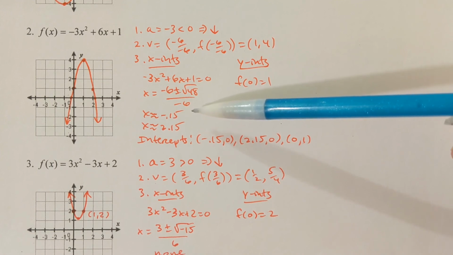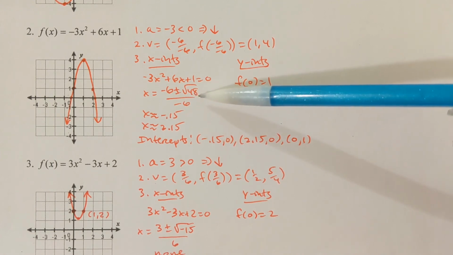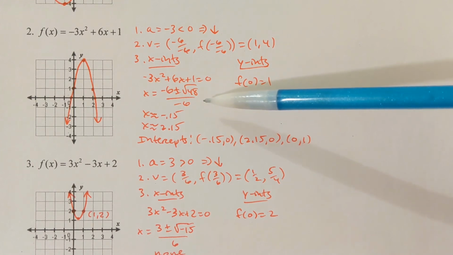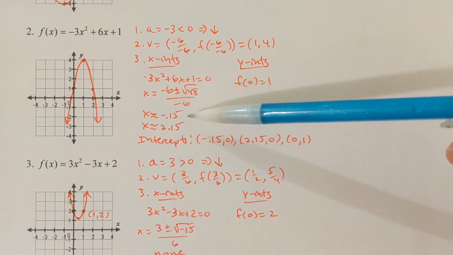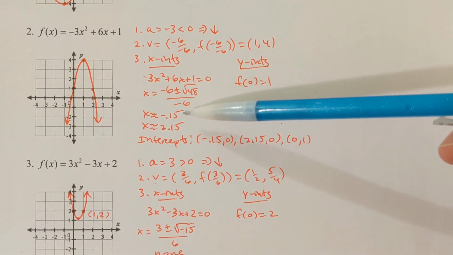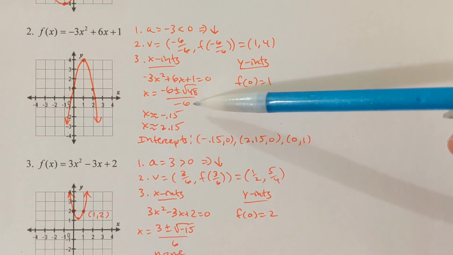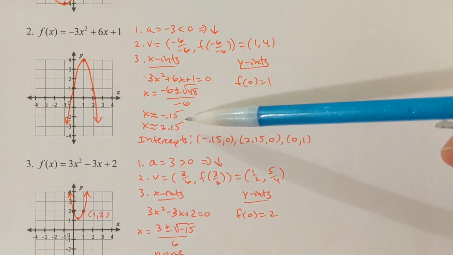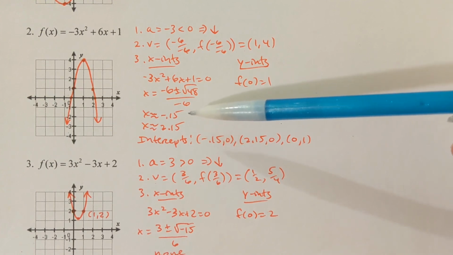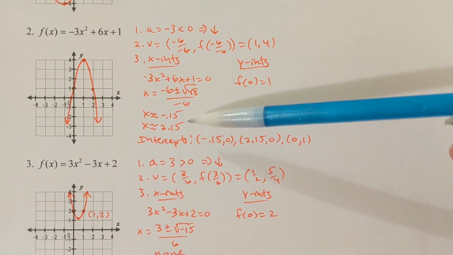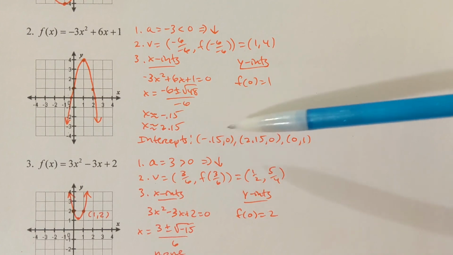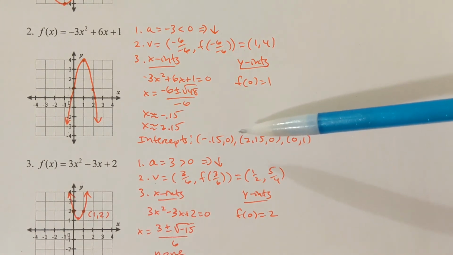Root 48 breaks down nicely as 4 root 3, but why don't I go to the calculator and punch this in. Negative 6 plus or minus root 48, divided by negative 6: x is approximately negative 0.15, and x is approximately 2.15. Those are the two intercepts.